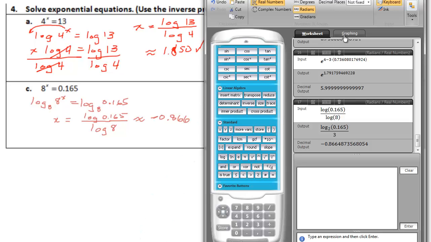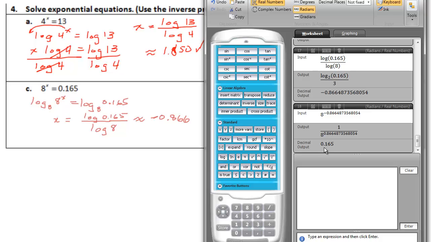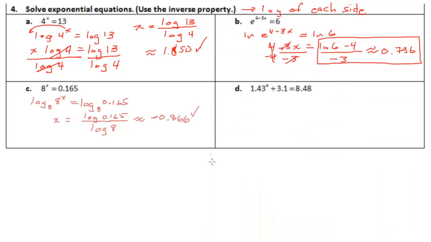We'll check that. So what's 8 raised to the negative 0.866? We'll take that there, paste it, and see what we get. We get 0.165 exactly, which is what we want, so this worked.